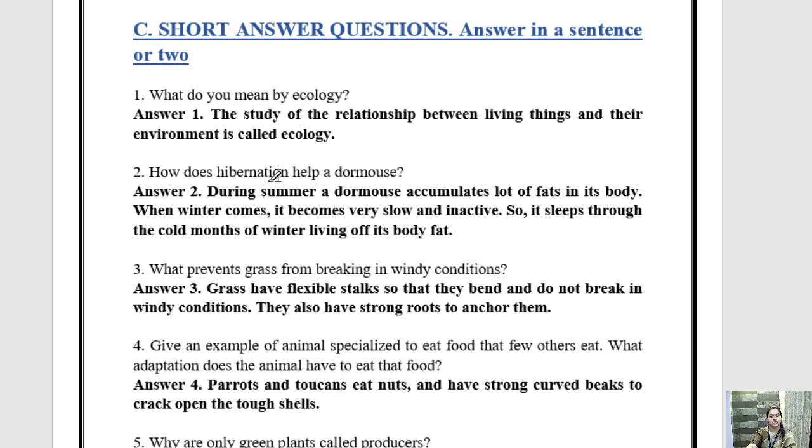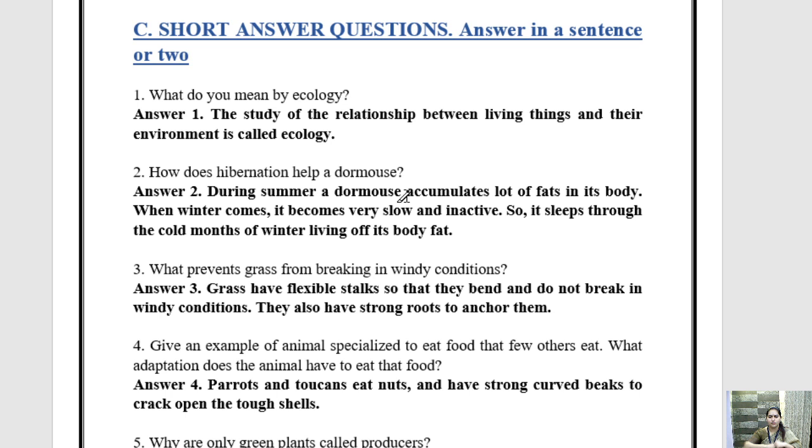During summer, a dormouse accumulates a lot of fat in its body. गर्मी के टाइम डॉर्माउस इतना सारा खा लेता है कि उसकी बॉडी में खूब सारा फैट जम जाता है and they become so fatty. When winter comes, it becomes very slow and inactive. So it sleeps through the cold months of winter, living off its body fat.